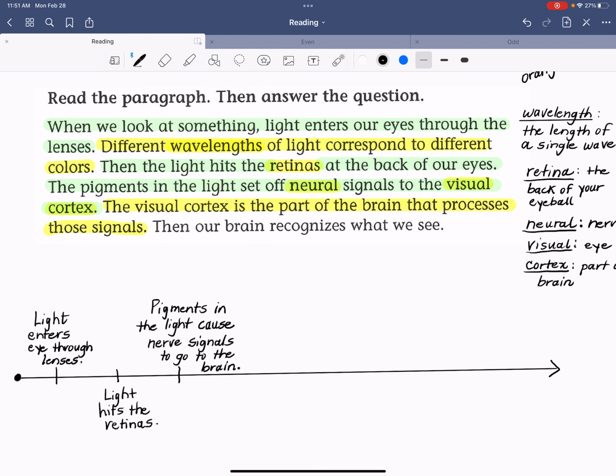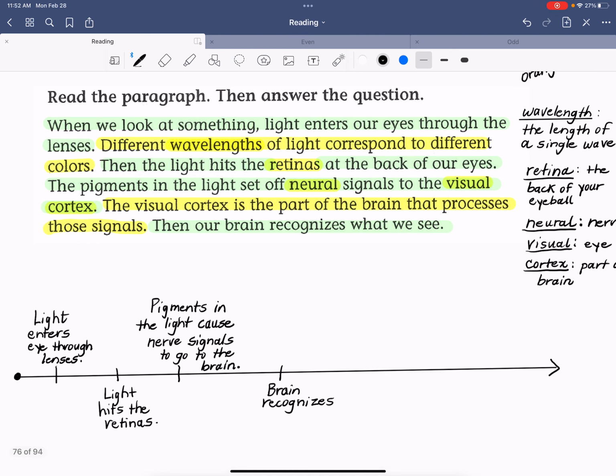And then what's the next thing that happens? Once the brain processes those signals, our brain recognizes what we see. So let's review just what I've written down here on the timeline. We look at something.